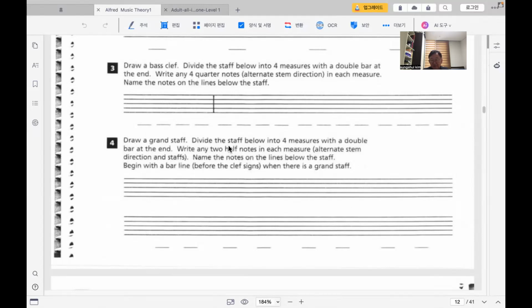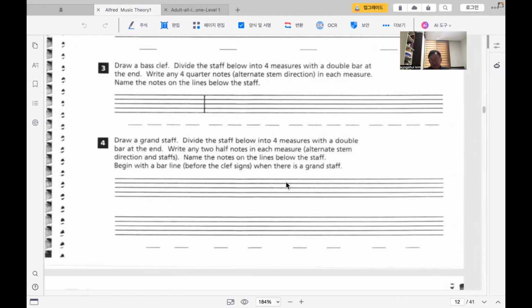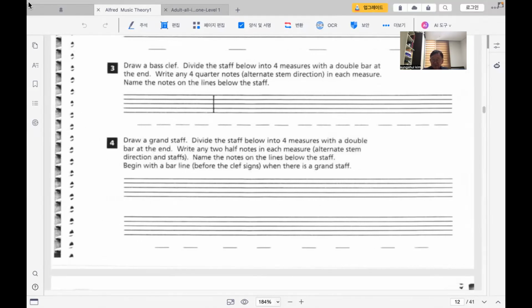Any two half notes. Any half note. In this bass clef, you can write in here, you can write here. Below the third line, above the third line. Say, a half note like this, and like this.